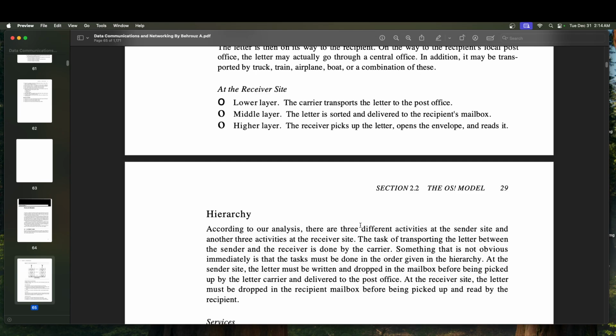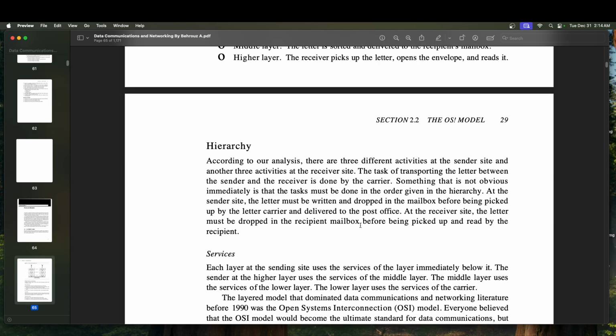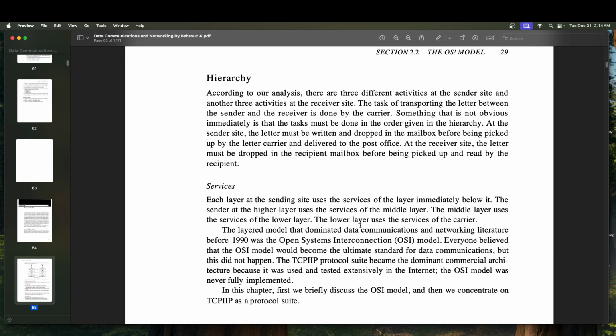As we see, there are different types of tasks involved. According to our analysis, there are three different activities at the sender side and three activities at the receiver side. The task of transporting the letter between the sender and the receiver is done by the carrier. Something that is not immediately obvious is that the tasks must be done in order, following the hierarchy.